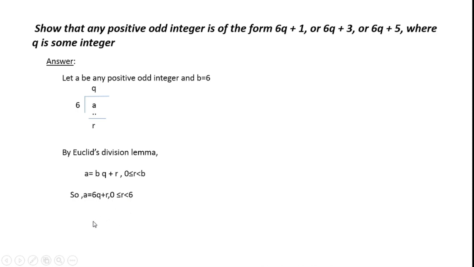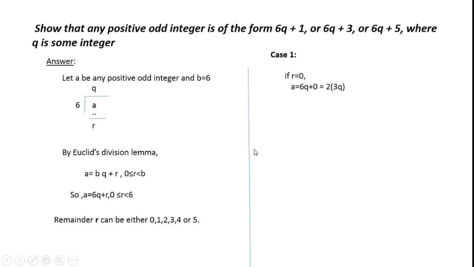So what is this condition saying? The remainder is less than the divisor and greater than or equal to 0. So we can take the remainder as 0, 1, 2, 3, 4 or 5. Now we are getting 6 cases.